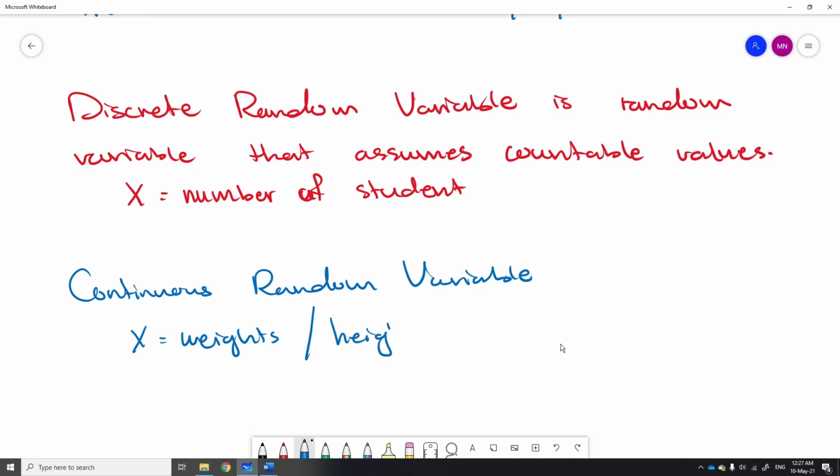So let's focus on discrete random variable for now. Inside discrete random variable, we will be looking at probability distribution.